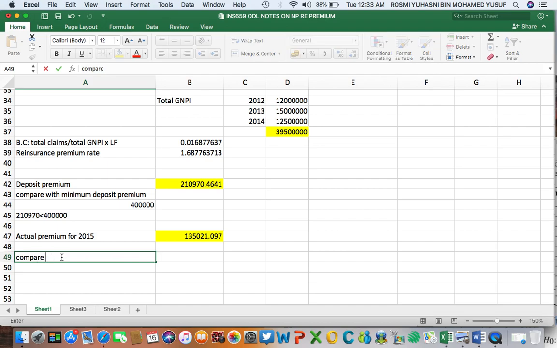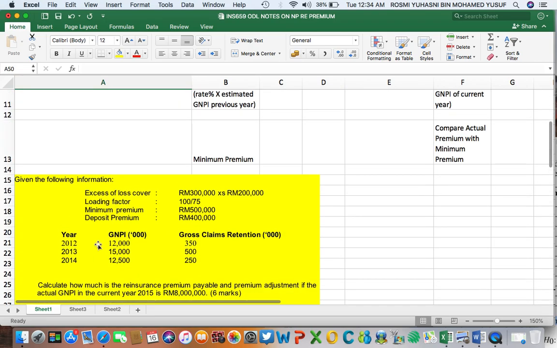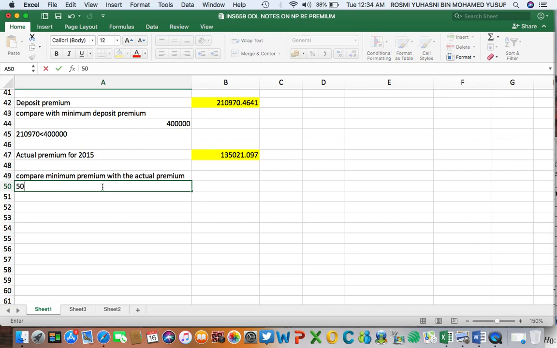Compare minimum premium with the actual premium. So again, minimum premium is 500,000. 500,000 is bigger than 135,021. So what does that mean?